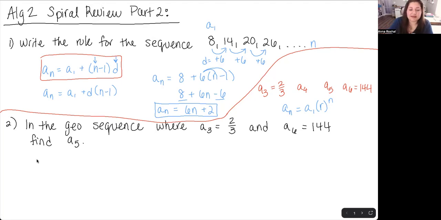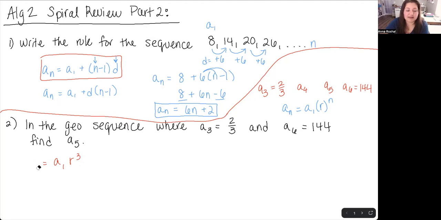So when I look at this, I'm going to go, okay, I know a sub 3 is a sub 1, which is, I don't know what that one is, times the rate, which I also don't know, to the n power. I can actually replace the n with 3 because I know that n has a 3 here.